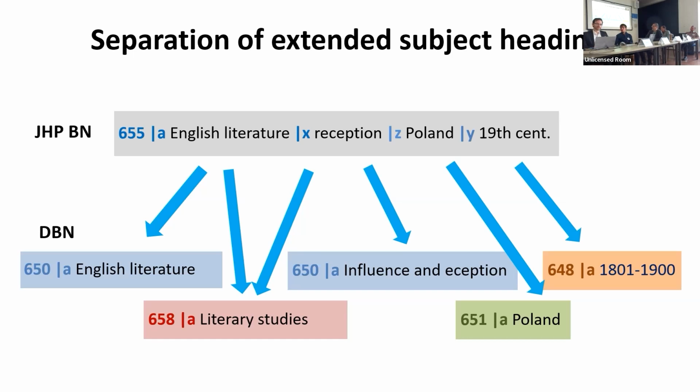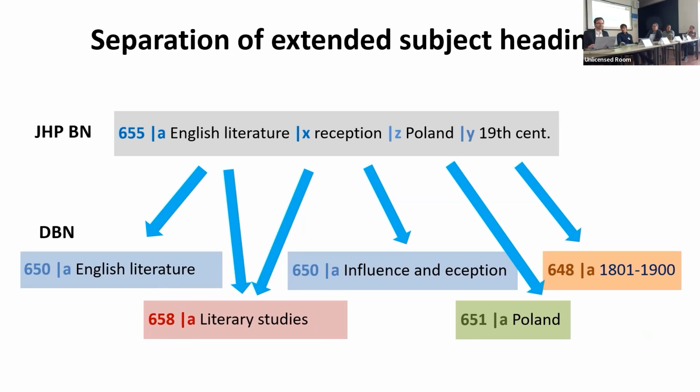Geographic descriptor, Poland, and I'm not sure if it's seen here. Okay, and chronological descriptor, which expresses 19th century. Based on this former heading, we also created in this case a new descriptor called discipline and approach descriptor. I will explain this in a second. Literary studies.